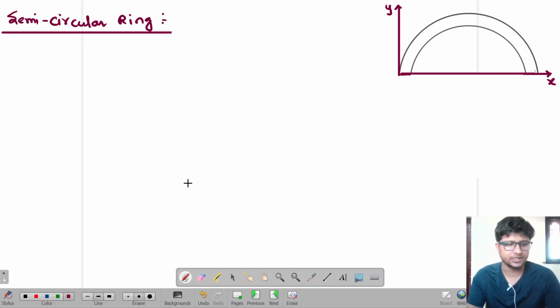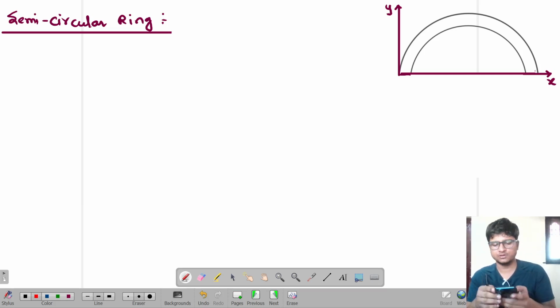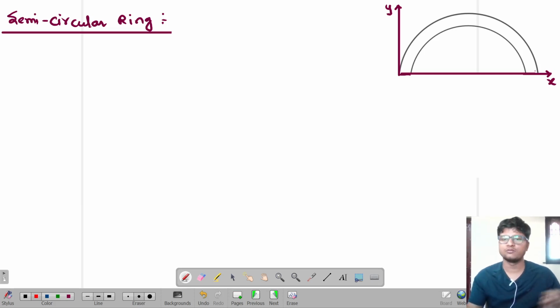So how to calculate that? That's a big question. Now see, for a full circular ring, the center of mass is present at the center. But the main point is where it is present for the normal case.